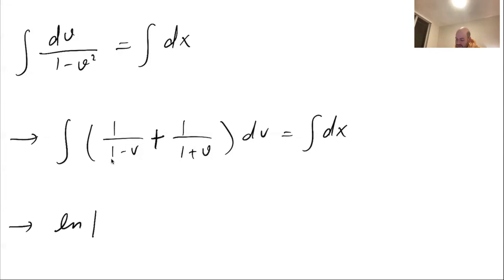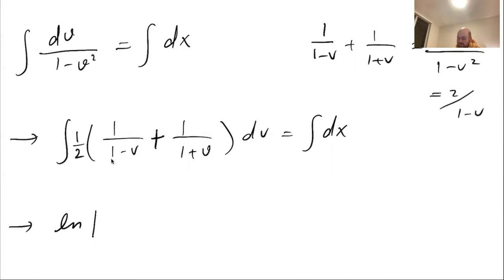And then I also need an extra factor of 1 over 2 here, so that I'll get 1 over 1 minus v squared. Right? See, right here, 1 over 1 minus v plus 1 over 1 plus v. This is 1 plus v plus 1 minus v over 1 minus v squared, and that's 2 over 1 minus v squared. And then when I multiply with 1 over 2, I'll get 1 over 1 minus v squared.